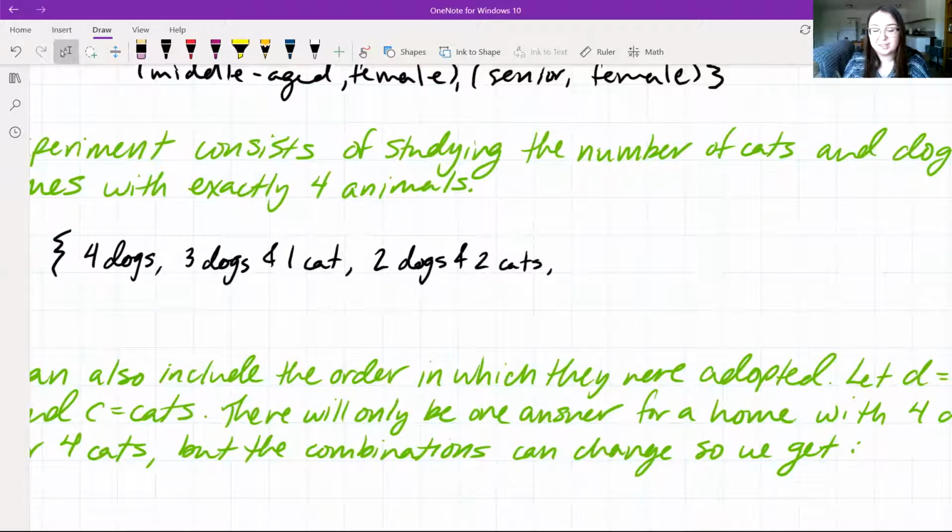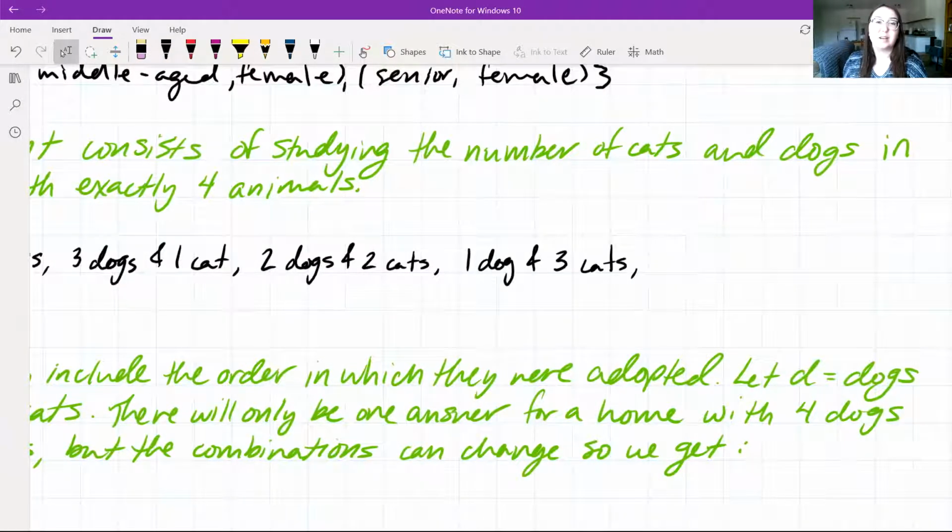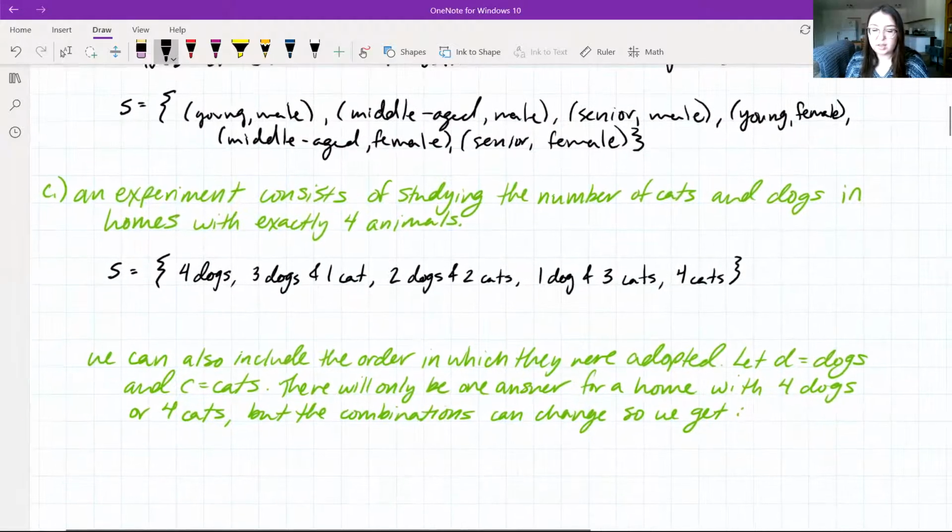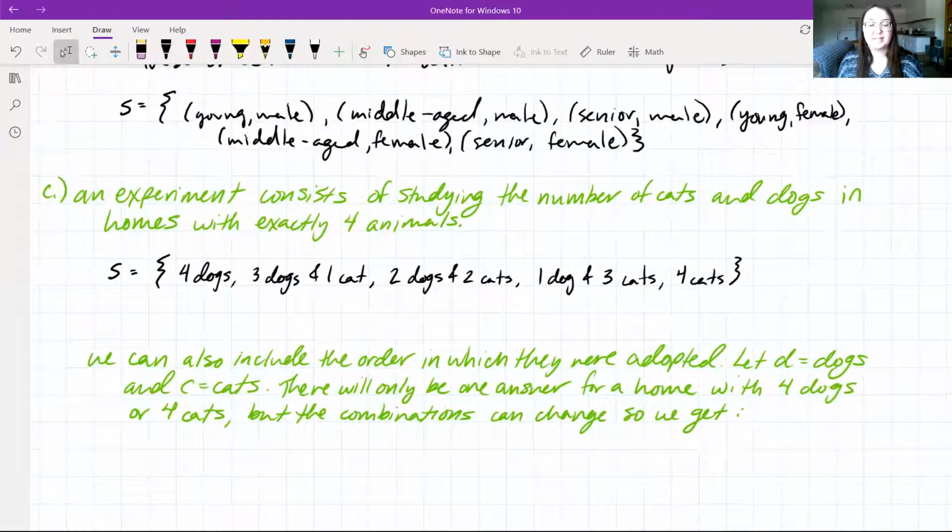Another dog less, so 1 dog and 3 cats. And then we can finish this off by saying we have a household full of cats. So 4 cats and no dogs. So this would be an example of our sample size. So we can see we start with 4 dogs, we end with 4 cats, we find all the combinations in between.